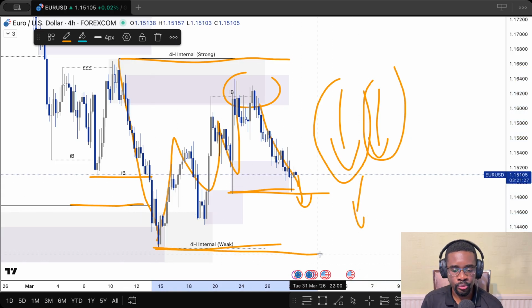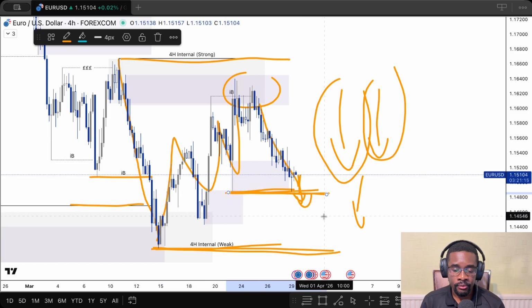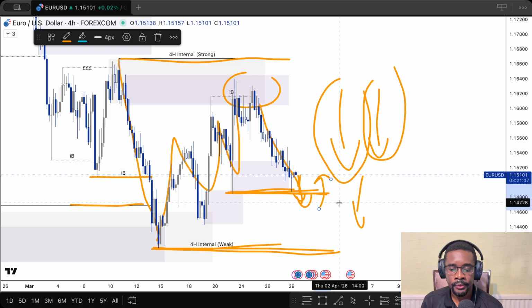Maybe targeting this week internal low that we have here. Right now I'll probably just be waiting for this low to be taken. Obviously if it's taken, then on an intraday perspective we may have a bit of a reaction, so we could look for short-term longs, but overall we are bearish and looking to target this week 4-hour low.